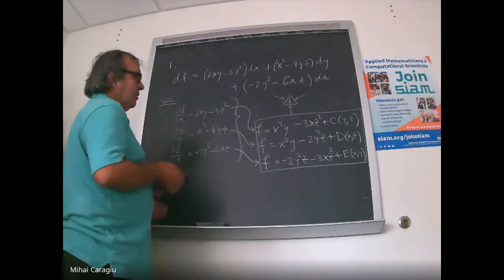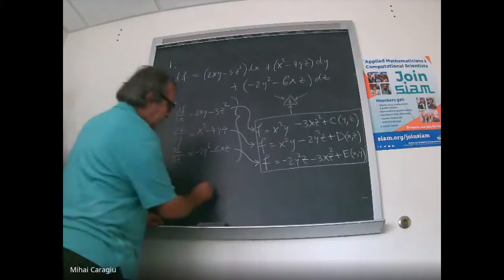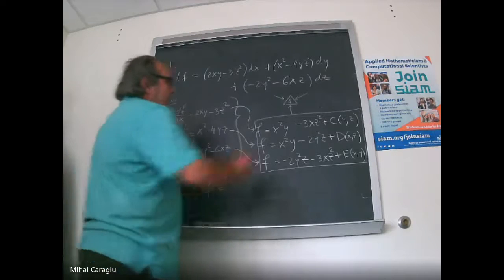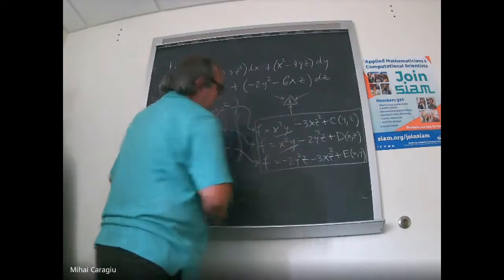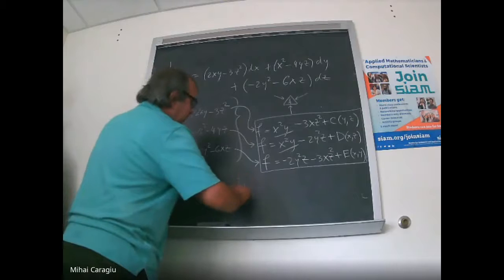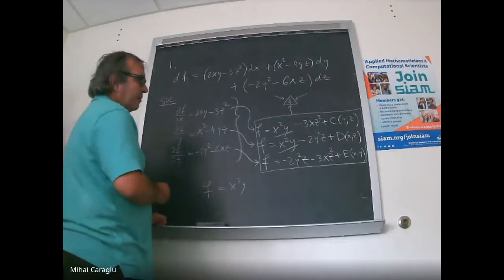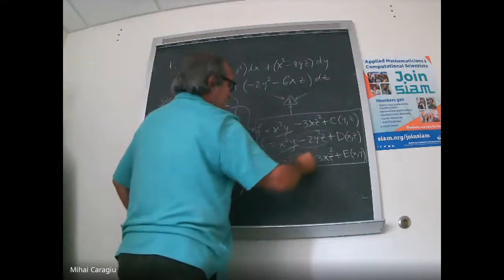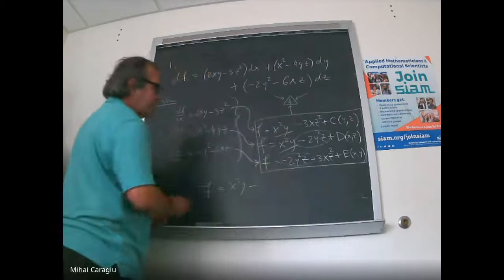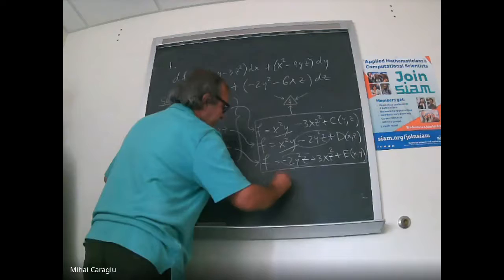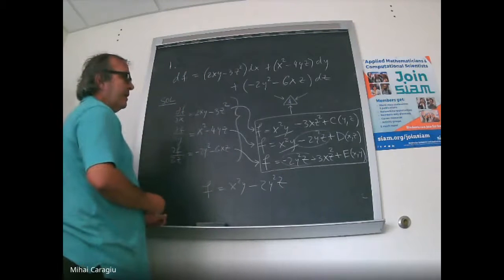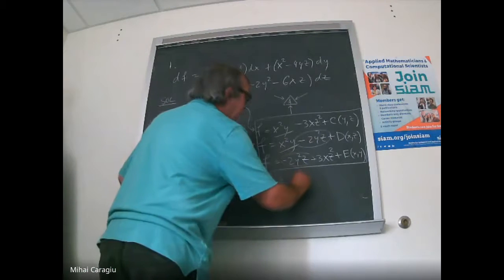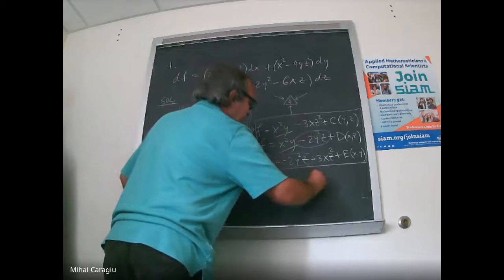So let's try to put together the pieces of the puzzle. We have x squared y, which appears on both sides, so we put it as a unified piece. Minus 2y squared z appears in two places. And then finally minus 3xz squared.